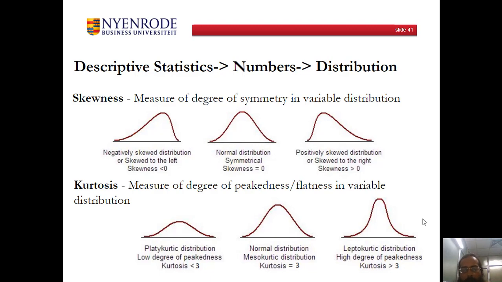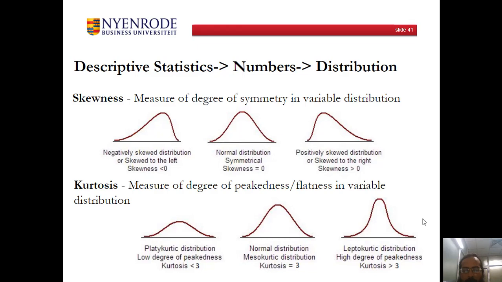If the skewness is less than 0, then you can infer that it's skewed to the left, and if you see 0, that means normally distributed. If your skewness is positive, then it's a right-skewed distribution.